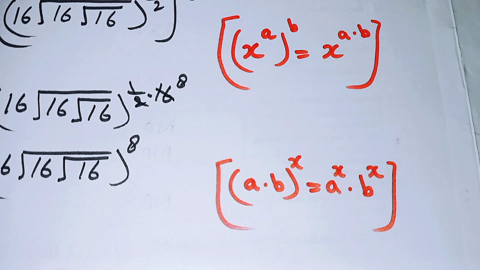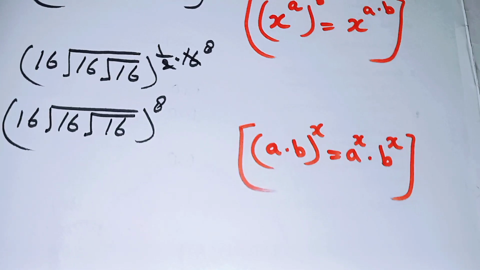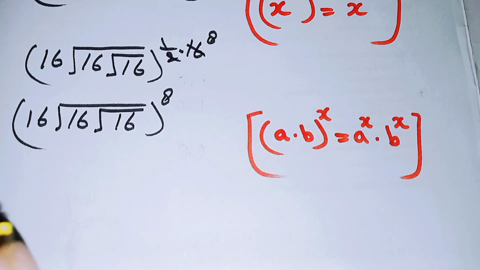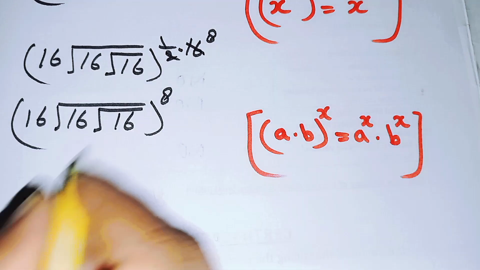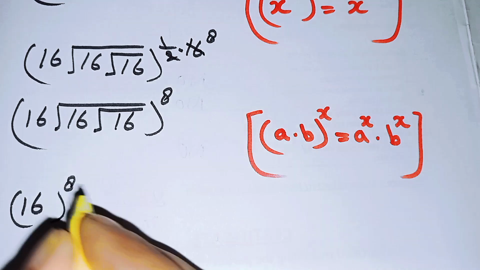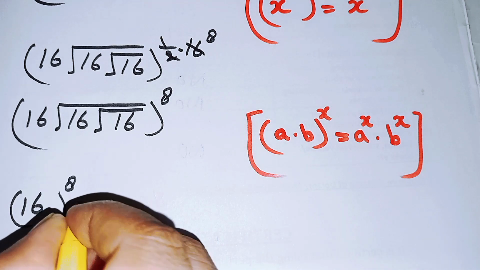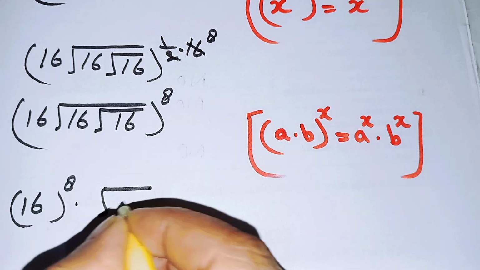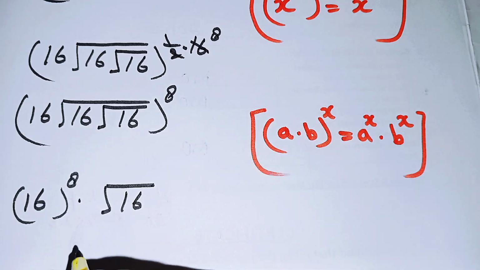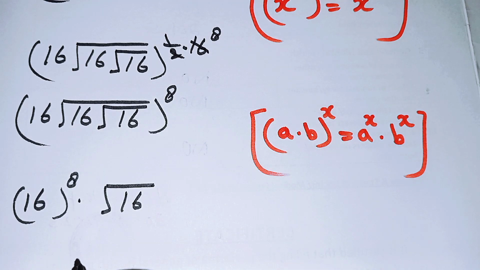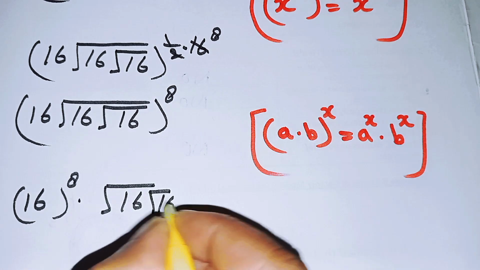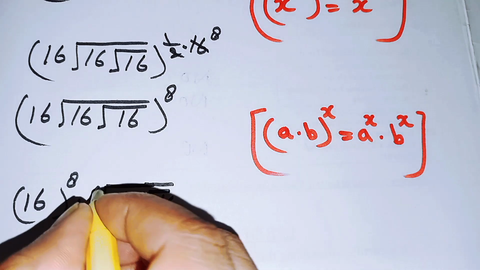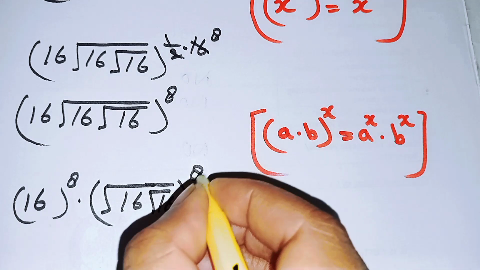So it can be written as it is, and now this 16 to the power of 8, and then times square root 16 and square root 16, and the whole thing to the power of 8.